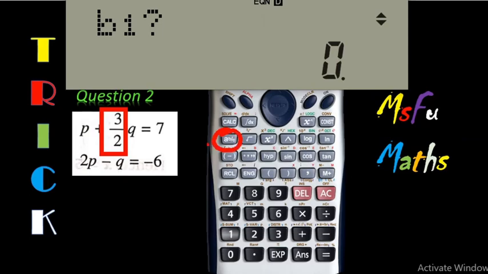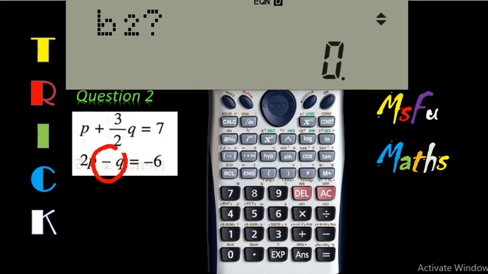Okay, we use this button here. This button here means over. So we press 3 over 2, right? And then you press the equal sign. And then C1 here is 7. Press 7, equals. A2 is 2 here. Okay, press 2, equals.